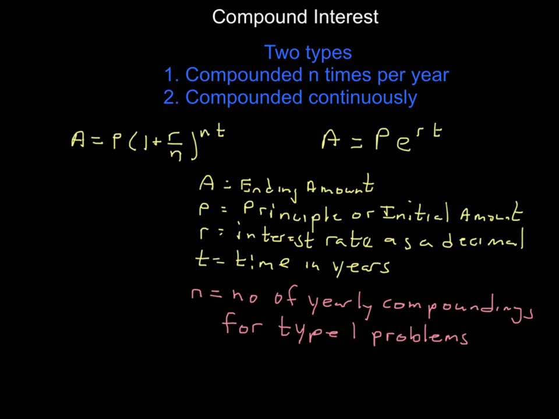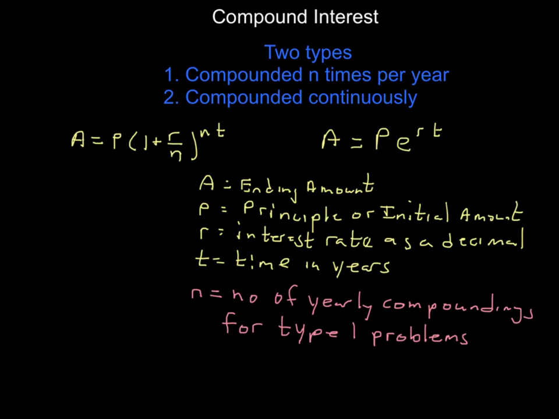Now, what each variable represents: the A represents your ending amount, the value of the account after the time period. P is the principal, or initial amount that is invested. r is your interest rate. It's important that you remember to write the interest rate as a decimal, and t is the time in years.